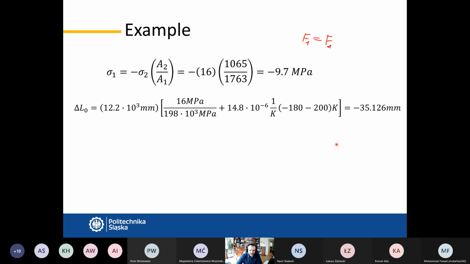So you see that even if the external pipe would not change temperature, they would come in contact, because the difference between these two pipes is 20 millimeters only. Sorry, there is more, this is 20 centimeters, and here we have only 35 millimeters.